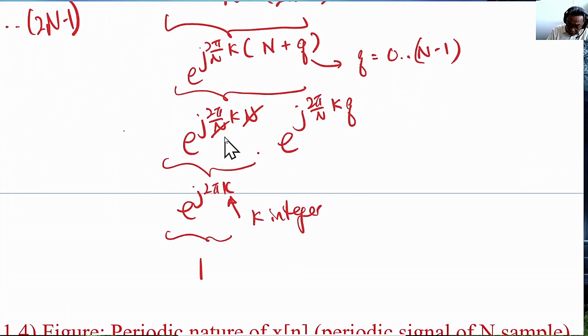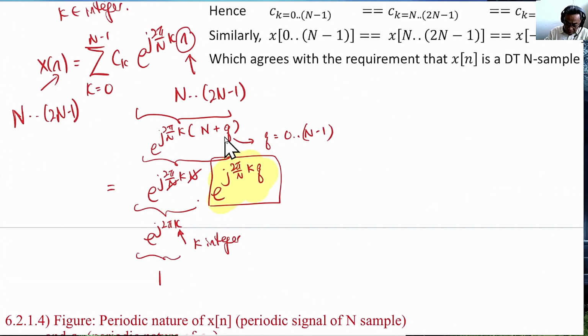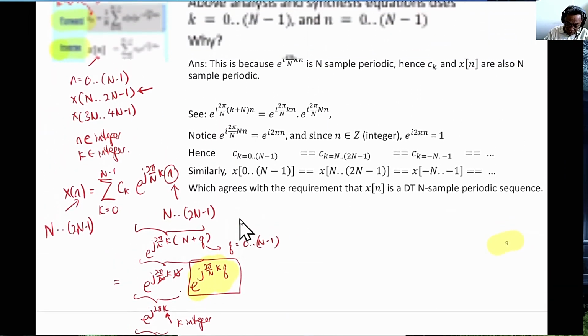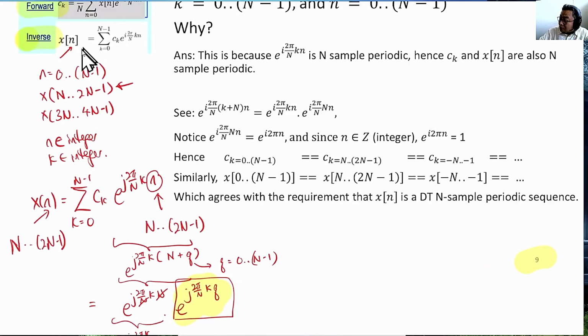Therefore the synthesis equation is now only dependent on this. And therefore, isn't this the equation that we had for the original synthesis equation from the range of index n equals 0 to N minus 1?